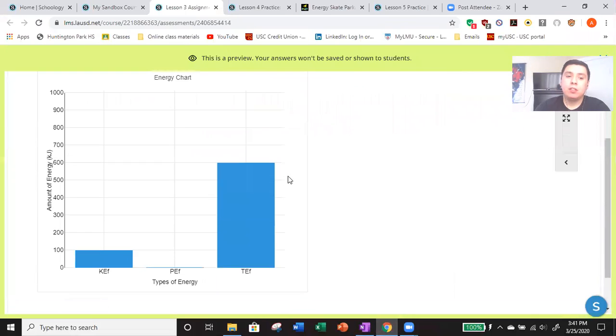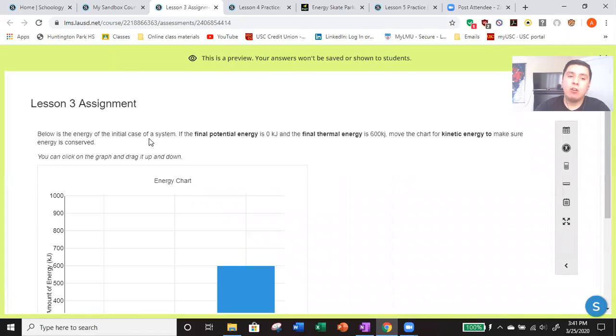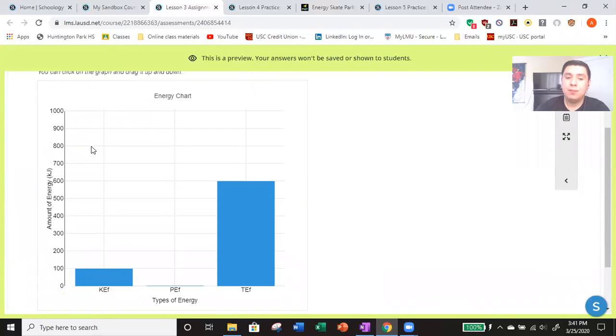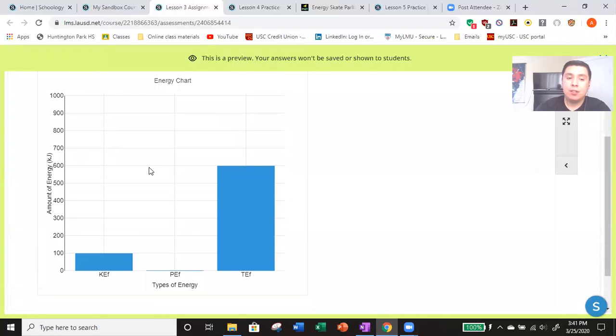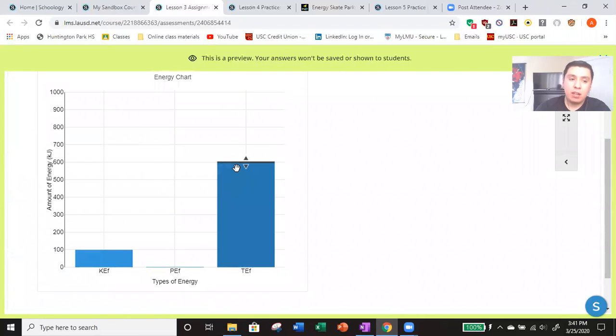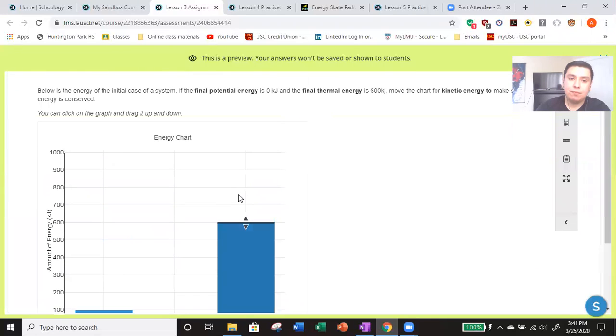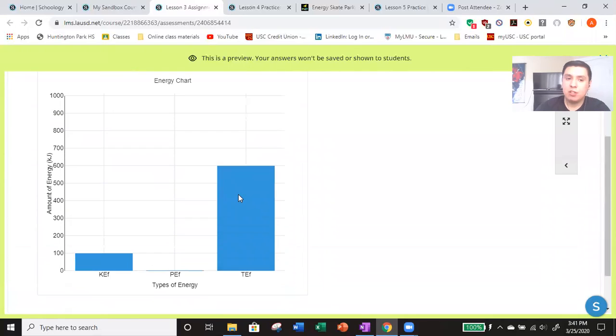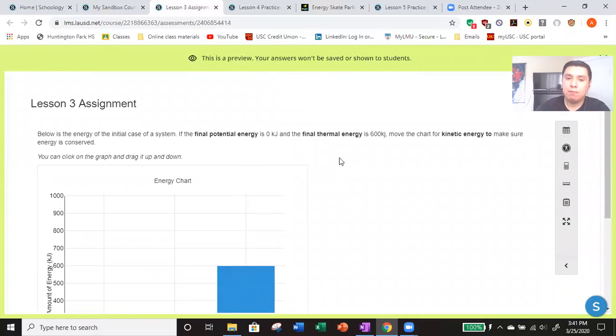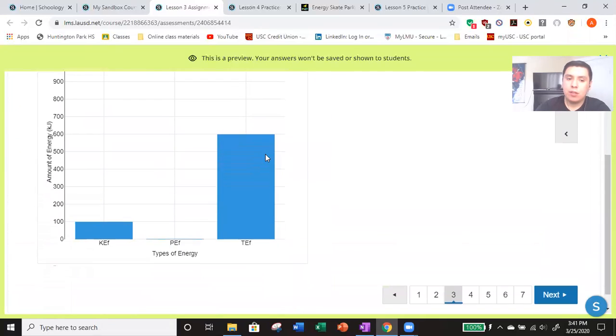Number 3. So below is the energy of the initial case system. The final potential energy is 0 kilojoules, and the final thermal energy is 600 kilojoules. Move the chart for kinetic energy to make sure energy is conserved. Okay. Now here's the thing. This is the initial case. Actually, this is the final answer.